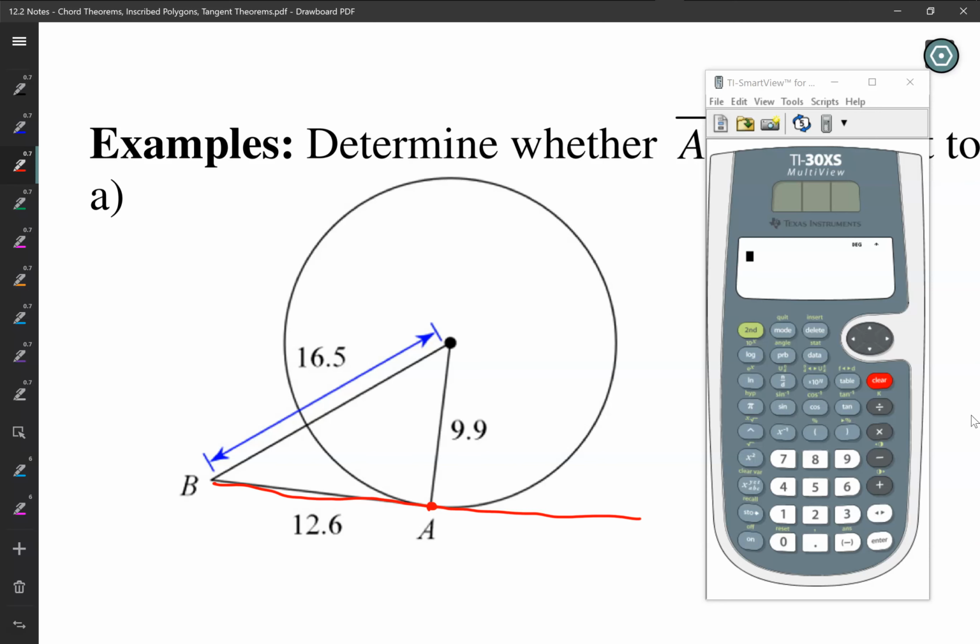Would it really only touch the circle at point A, or does it dip into the circle and cross at 2 points if you zoom in enough? So the question is, is it really a tangent? The way we figure that out is we need to find out, is this a right angle?